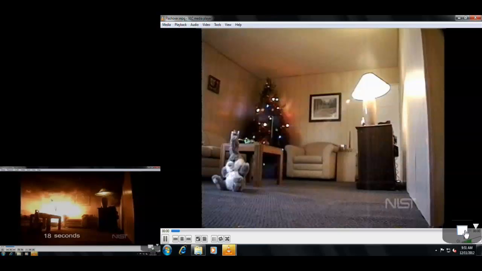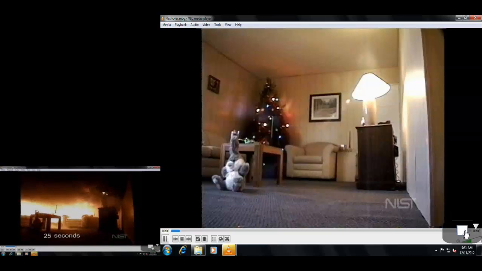you see a significant impact on the visibility even within the compartment, and this stratification process that we've talked about, this layering, is already happening. There is a dark cloud of products of incomplete combustion that are banking down and filling this room from the top. This armchair has already ignited near the Christmas tree.